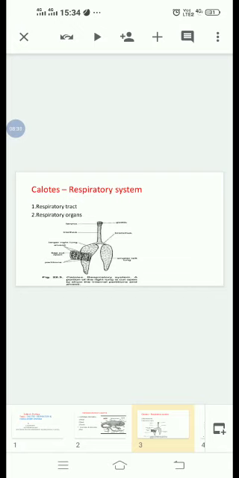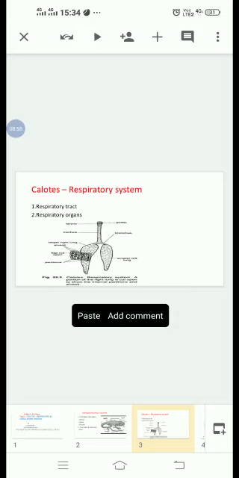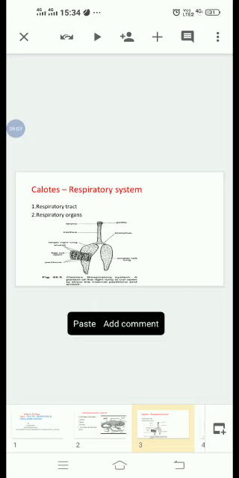The wall of the trachea is supported by cartilaginous tracheal rings, which prevent the trachea from collapsing. The tracheal rings are complete.